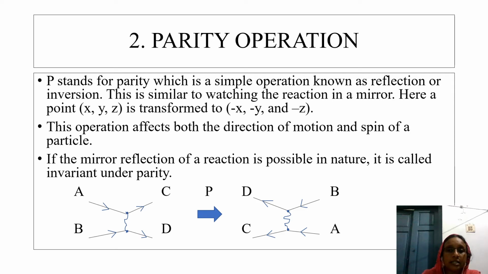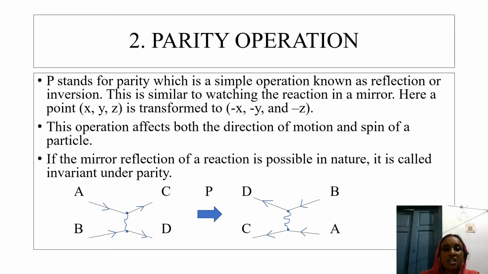In this context, the space coordinates x, y, z are transformed into minus x, minus y, and minus z. This operation affects both the direction of motion and the spin of a particle. When we operate parity, both the direction of motion and spin of the particle change.